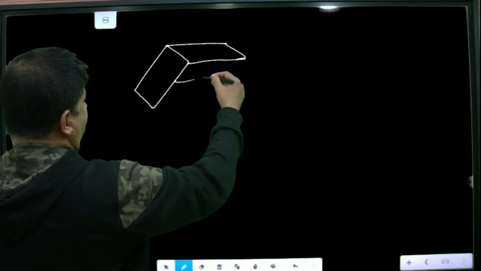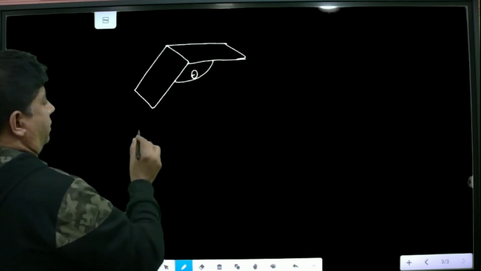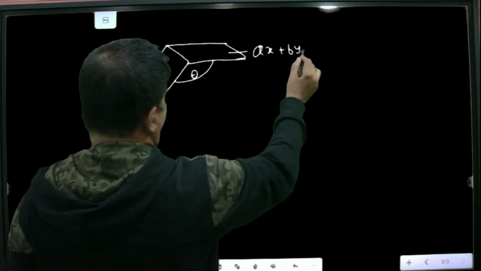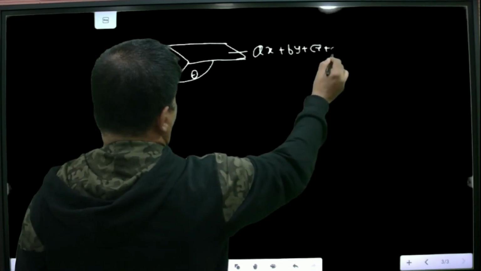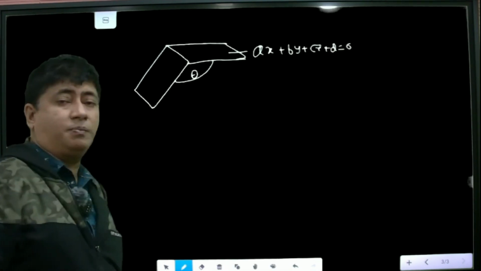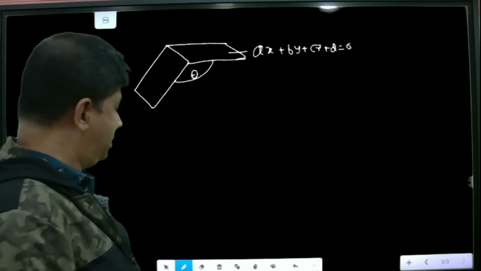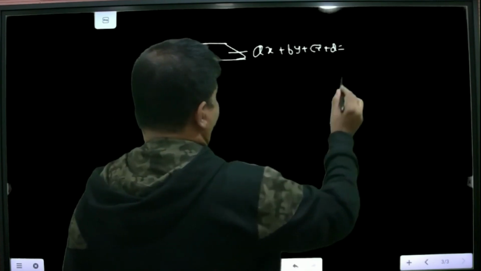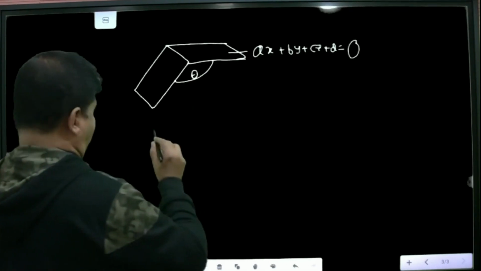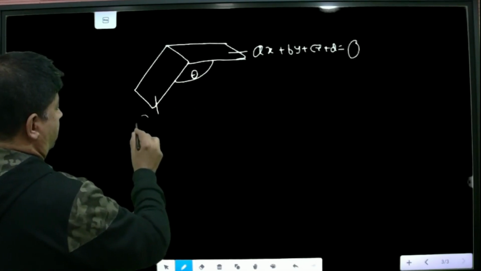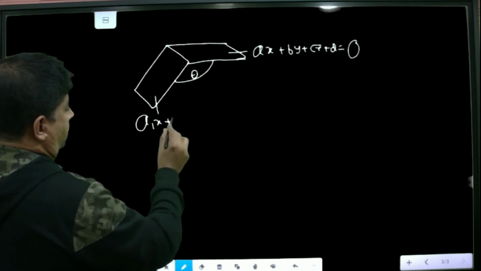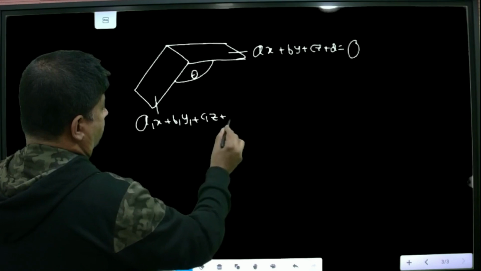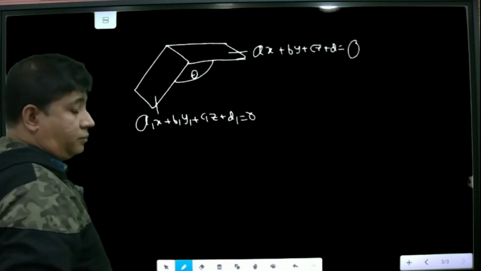So this is the angle between them, theta. Let this plane be ax plus by plus cz plus d is equal to 0, and that plane be a1x plus b1y plus c1z plus d1 is equal to 0.